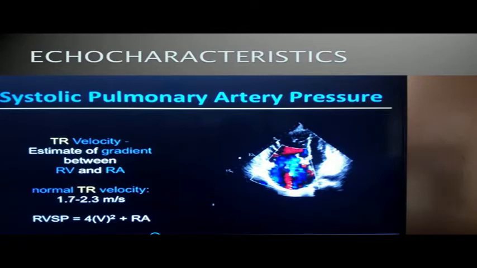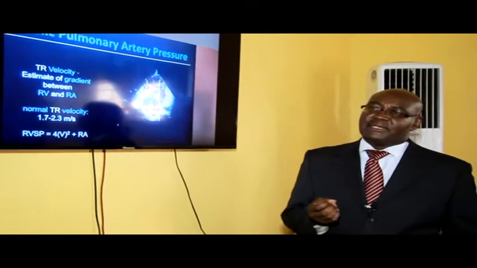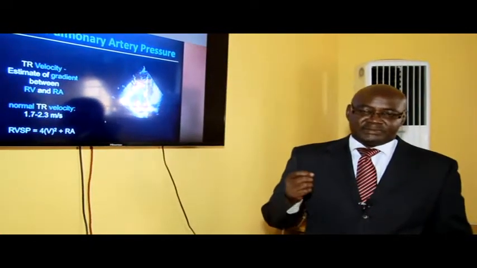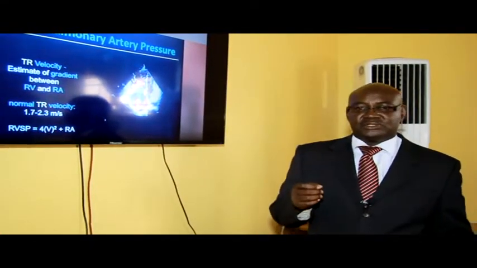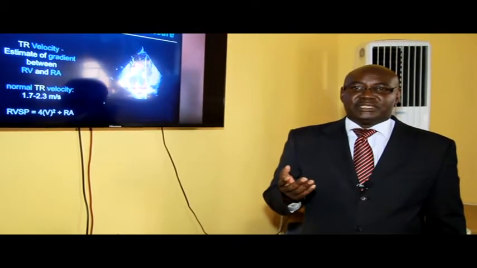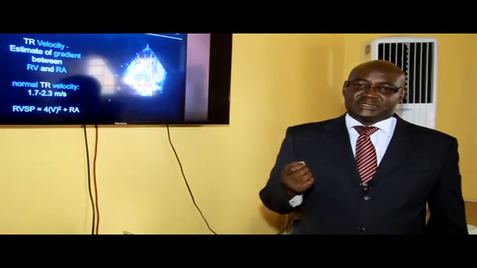This slide here is showing the estimation, as I mentioned before, of right ventricular systolic pressure. We should take into account tricuspid regurgitation. Where there is no tricuspid regurgitation, it's very difficult to measure or to assess pulmonary hypertension because we'll not be able to get the measurements for right ventricular systolic pressure.